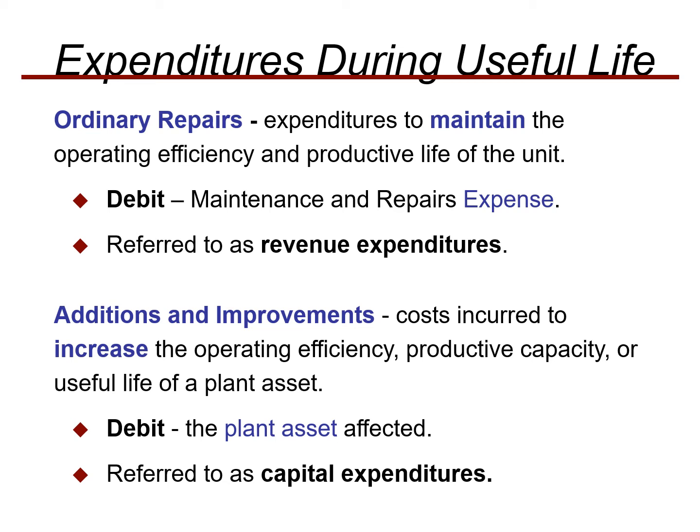Costs incurred to increase the operating efficiency, productive capacity or useful life of a plant asset affect the plant asset, and this kind of expenditure is called capital expenditure, because it will benefit you for more than 1 year, since it is increasing or improving the operating efficiency of your assets. That's why it is called capital expenditure.